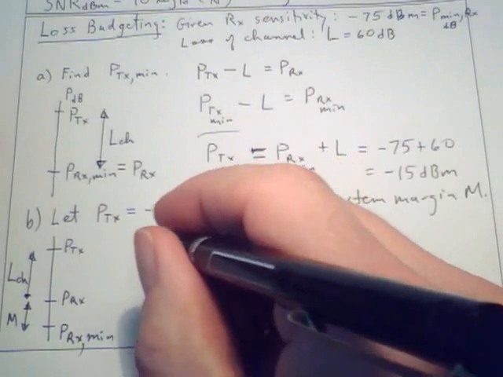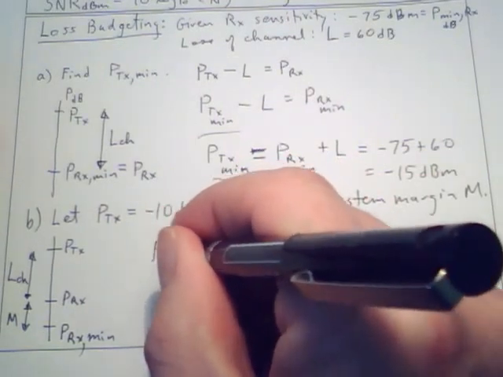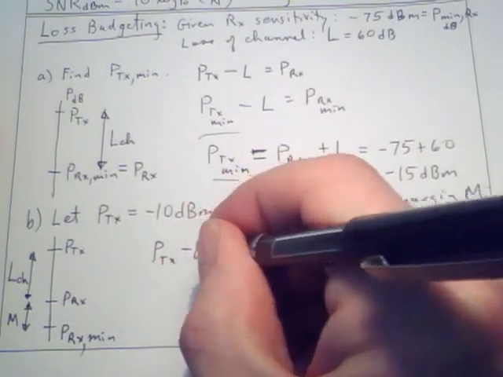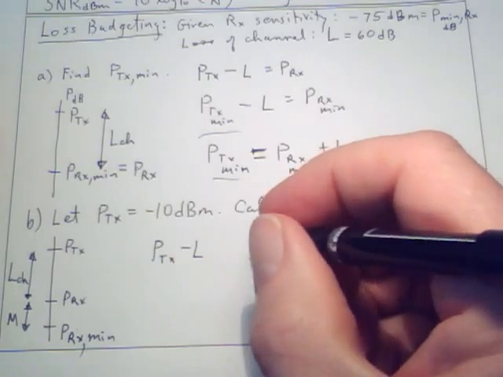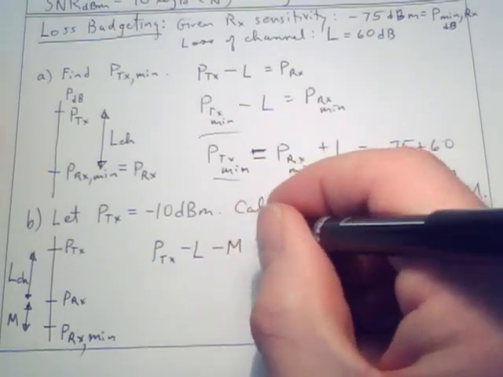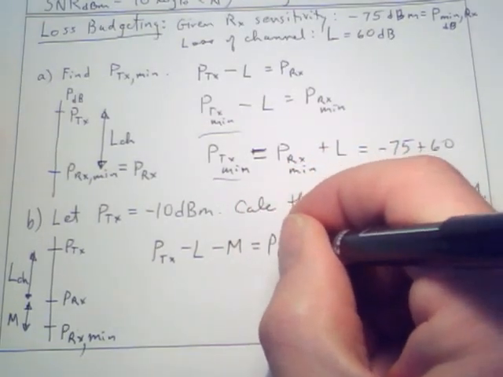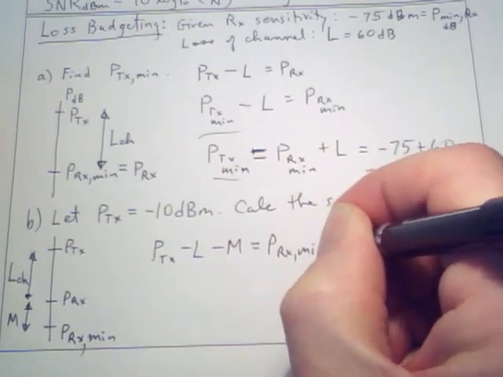Okay, and so we can write the equation that PTX minus L minus M is equal to PRX min.